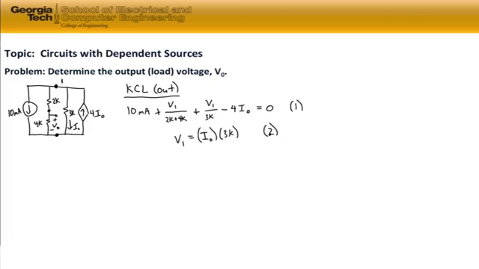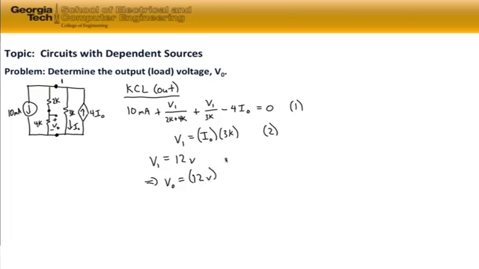So if we go through and solve for the nodal voltage, then we'll have a nodal voltage V sub 1, which is equal to 12 volts. If we know that, we can step back and use the voltage division that we've learned earlier in the course to find the voltage across the 4 kilo ohm resistor. Namely, V out, V sub 0, the output voltage, is equal to the 12 volts, which is dropped across both the 2K and the 4K resistances.